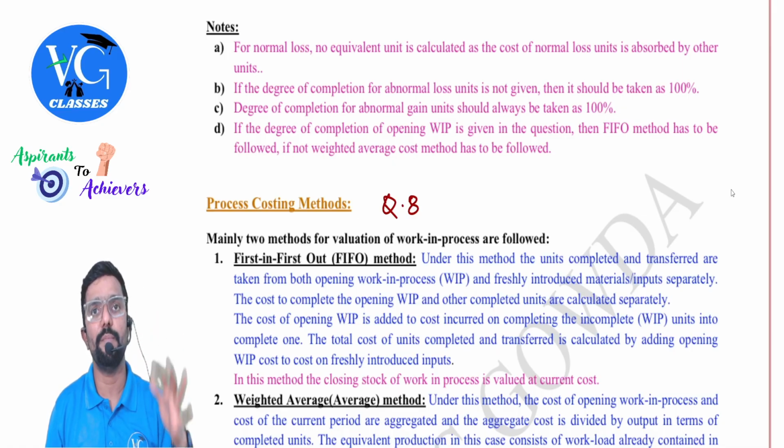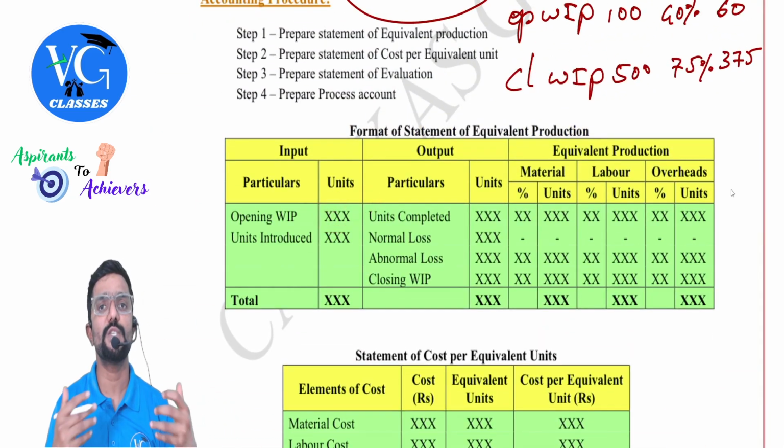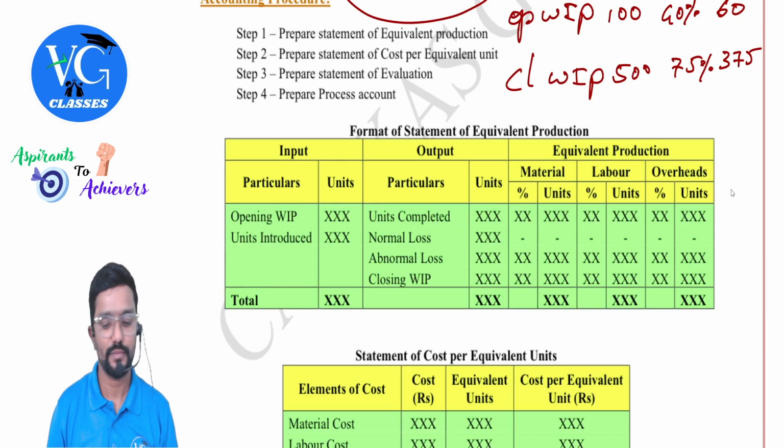Check for opening WIP. Have they given the degree of completion? Degree of completion means how much work is done. If it is given, you can follow FIFO method. If it is not given, then you have to follow weighted average method, guys.